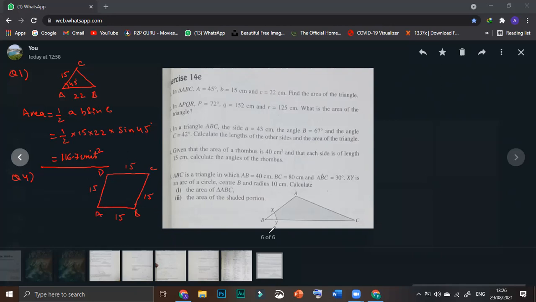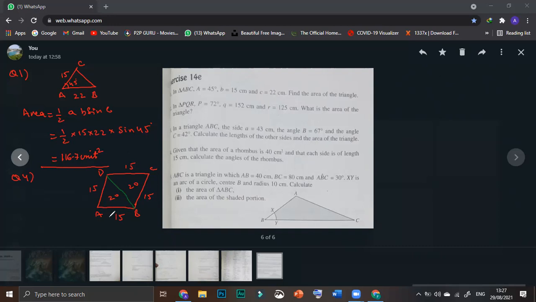We will divide this rhombus with the help of a diagonal into two equal parts. Now, this diagonal has divided this rhombus into two equal parts. So, the area of both the triangles is 20 centimeter square. Now we have the area of the triangle.